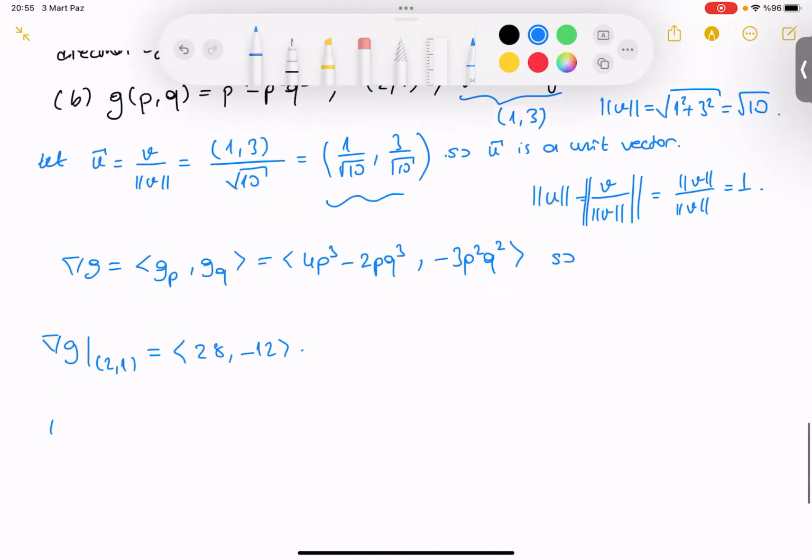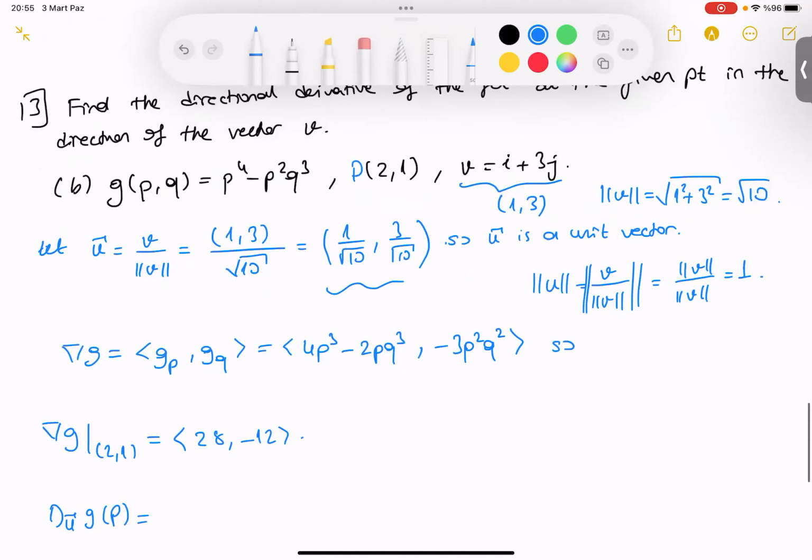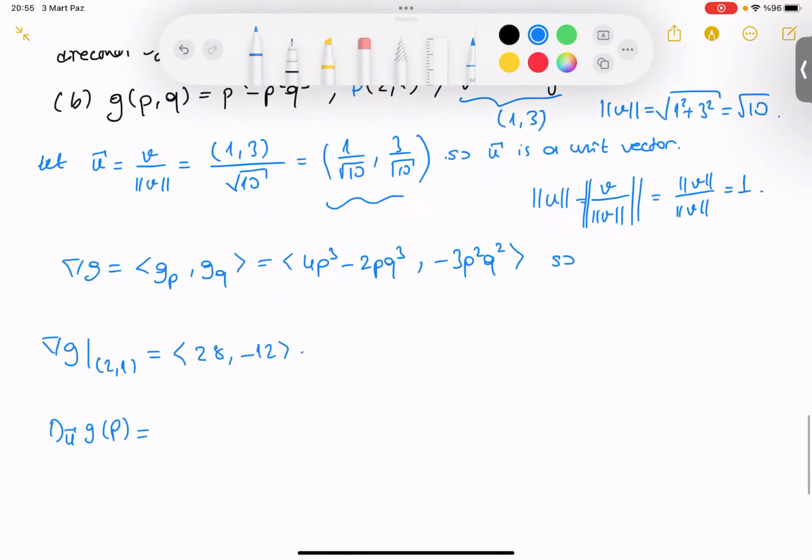All right. We have then, let's say, D_u g of P. What do we have? U dot product the gradient of g at the point P. So we have 1 over square root of 10, 3 over square root of 10 times 28, comma minus 12.